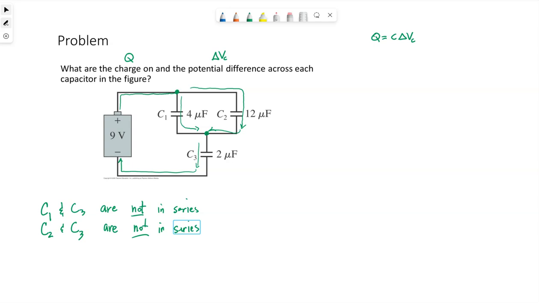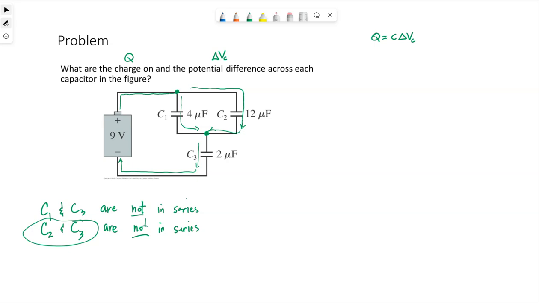And for the same reason, for C2 and C3 to be in series would mean, as I followed my path from one end of the battery to the next, I had to pass through both. There was no other option. Well, coming back to our picture, we could choose C1 or C2. And then we had to go through C3.